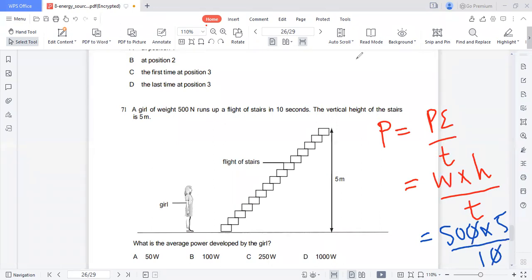So it would be 250. Oh, sorry, this is power. Power is 250 watts. Sorry, my bad.